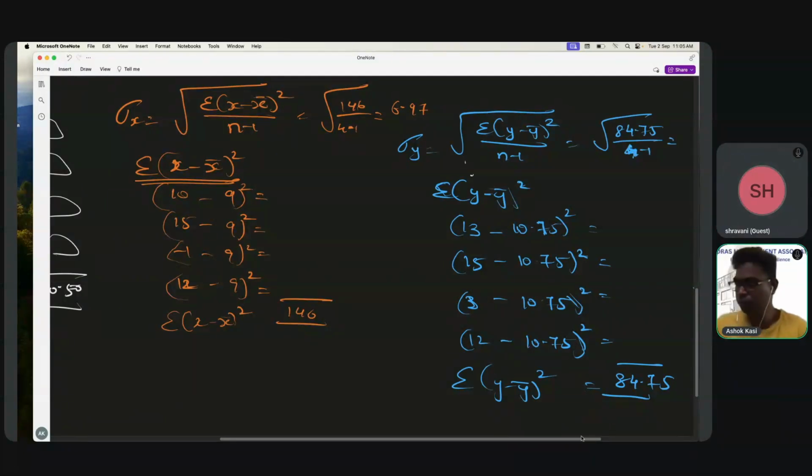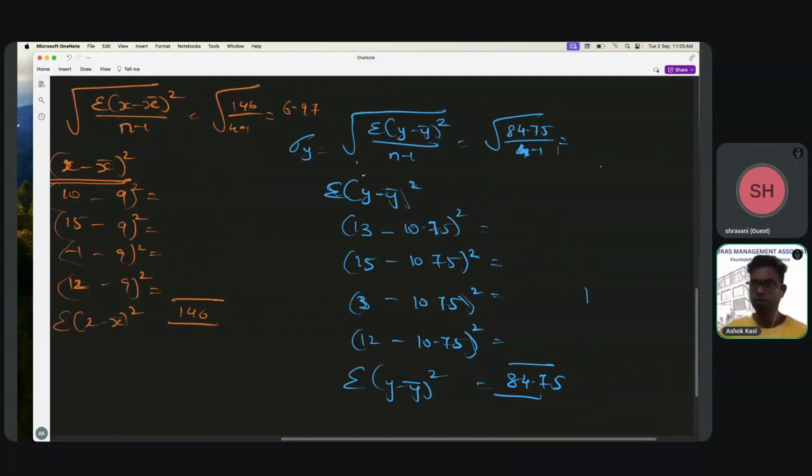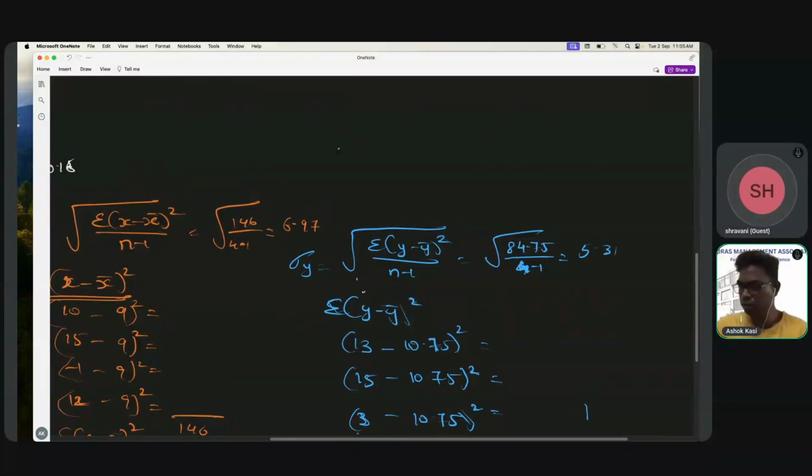So 5.31. Okay, so standard deviation of y also we have got.